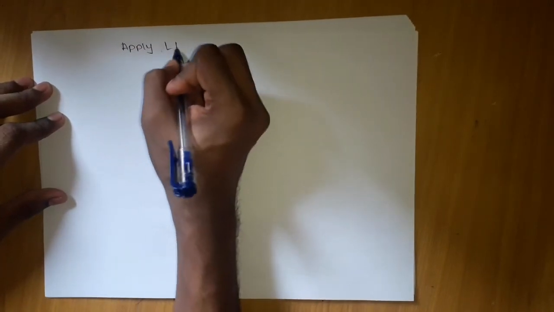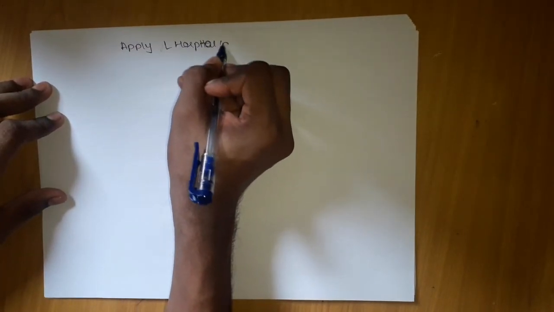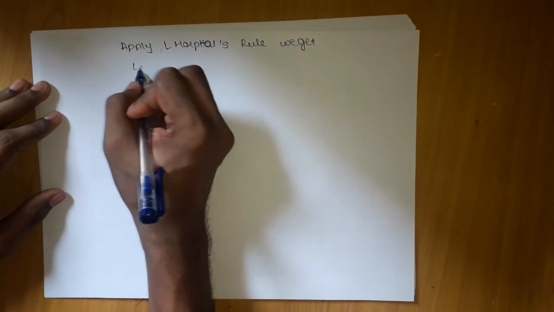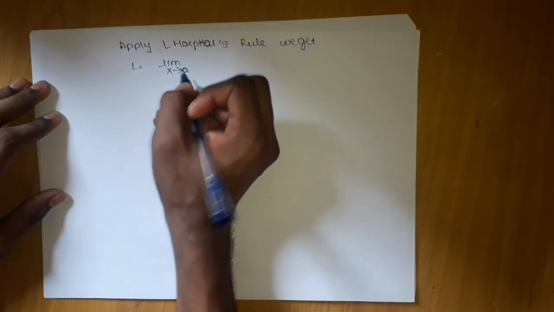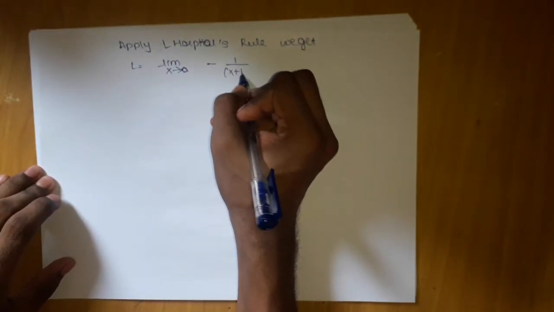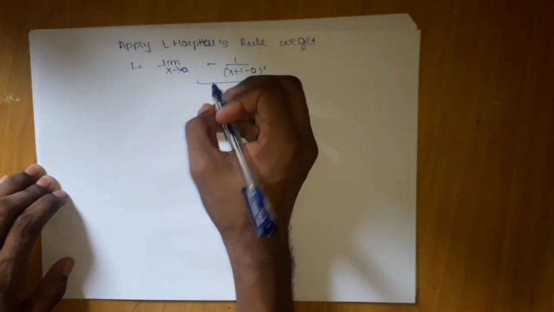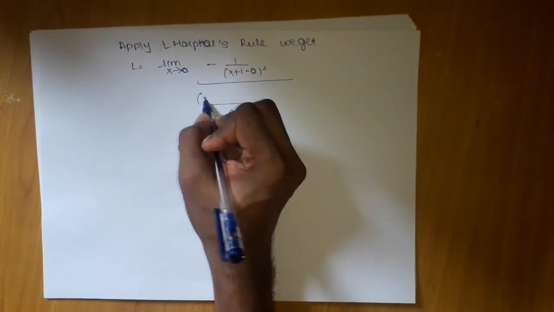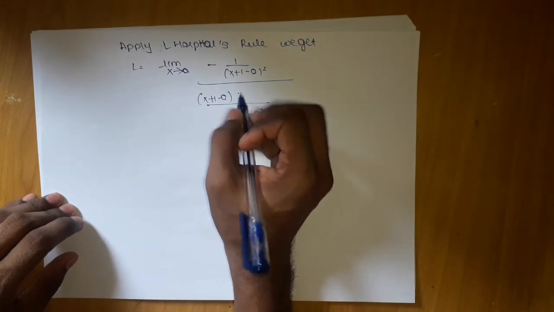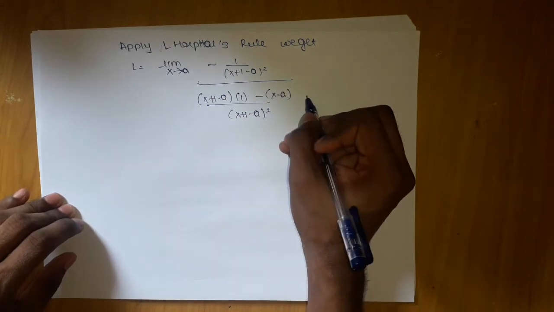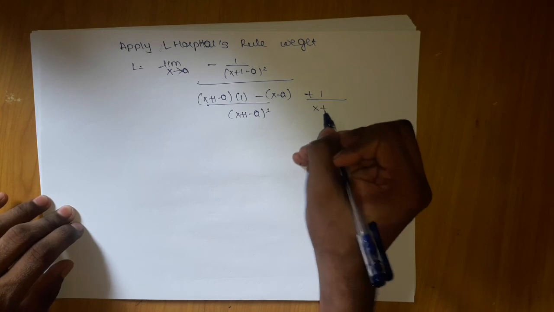If I apply L'Hopital's rule, we get limit x tends to a, minus 1 by x plus 1 minus a the whole square, by, here the quotient rule will be applied: x plus 1 minus a into 1 minus x minus a, and this will also be 1 plus 1 by x plus 1 minus a.